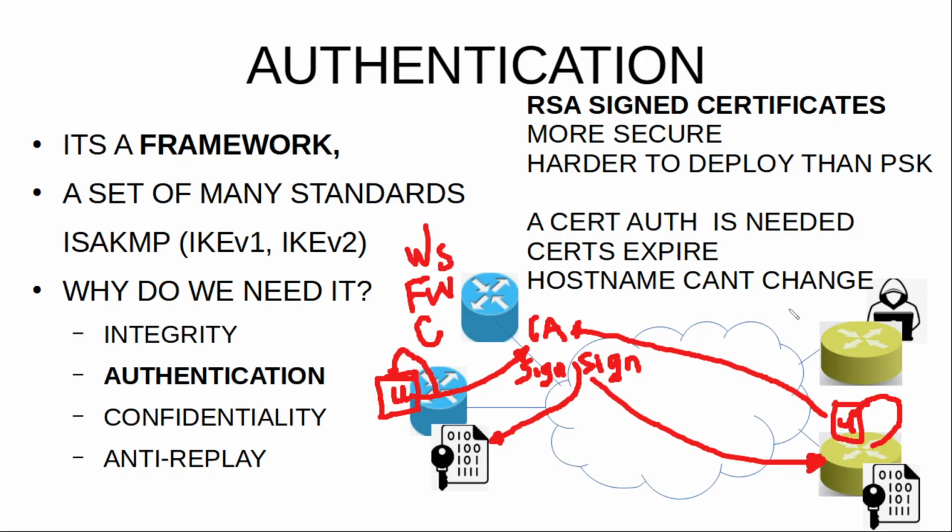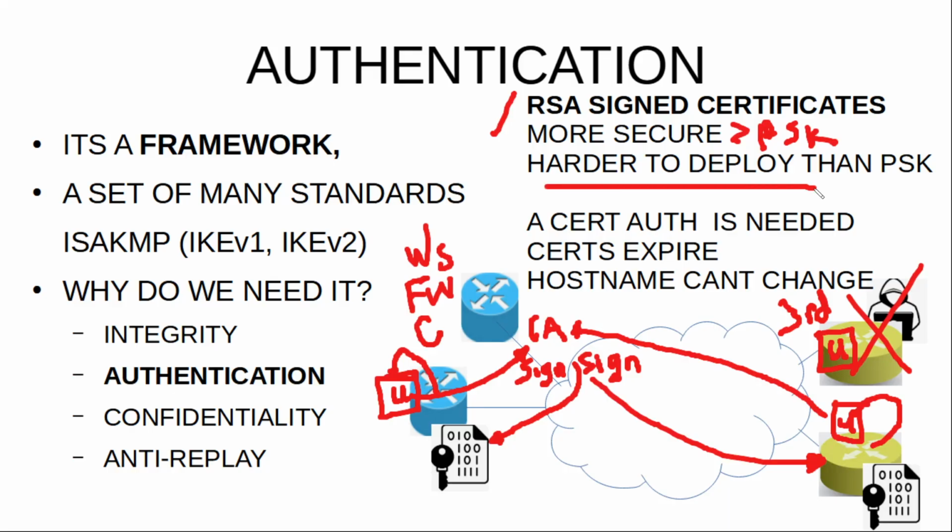So a third party will not be able to have a signed certificate because the third party does not have access to your certificate authority. So in that way, only devices having a valid signed certificate will be authenticated to each other. So this process is more secure, for instance, than pre-shared keys.